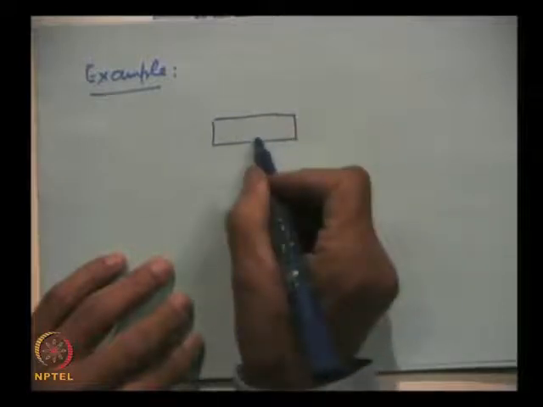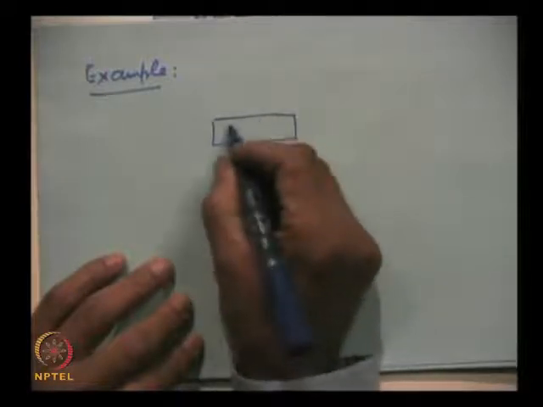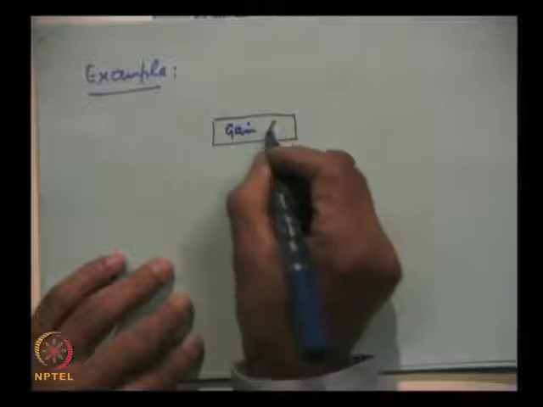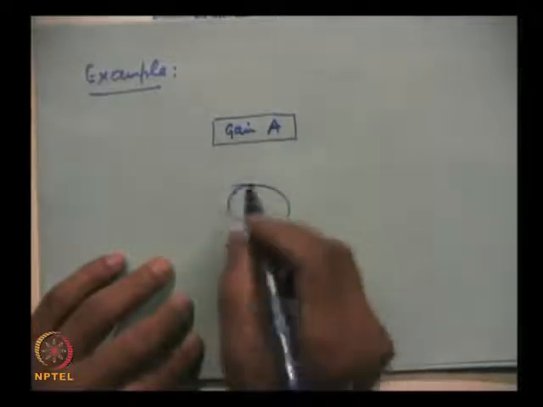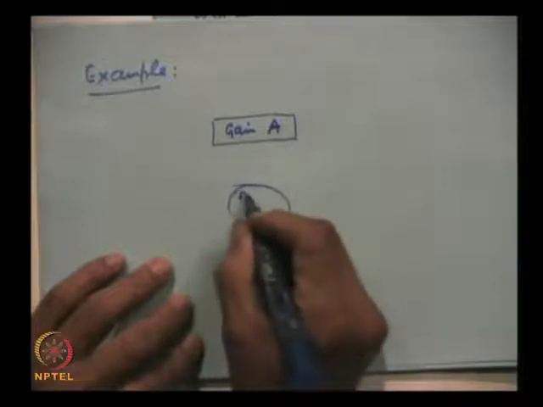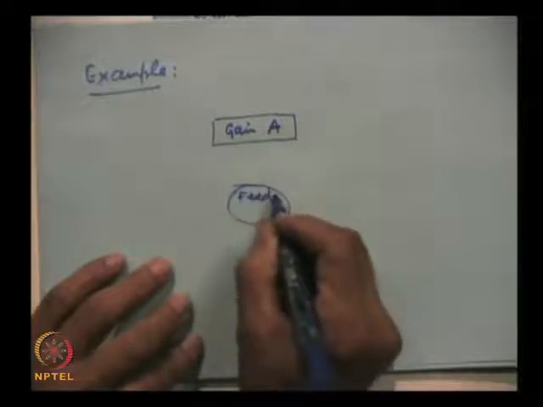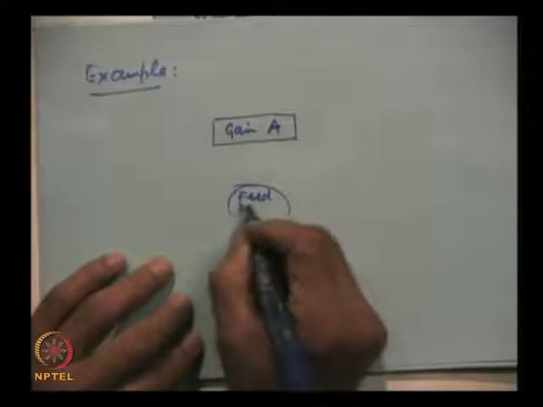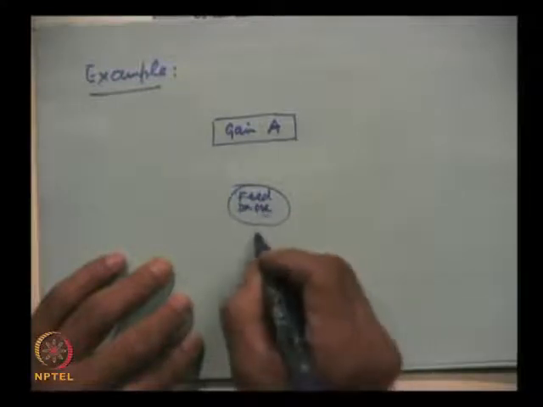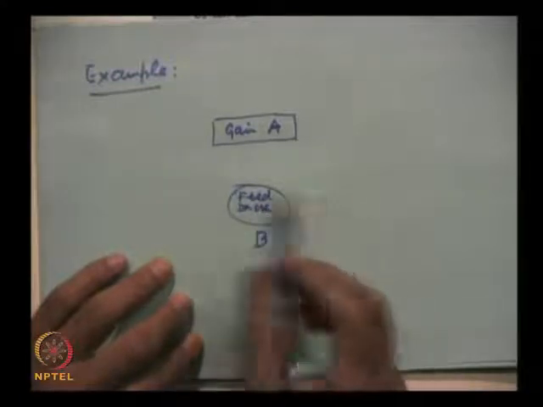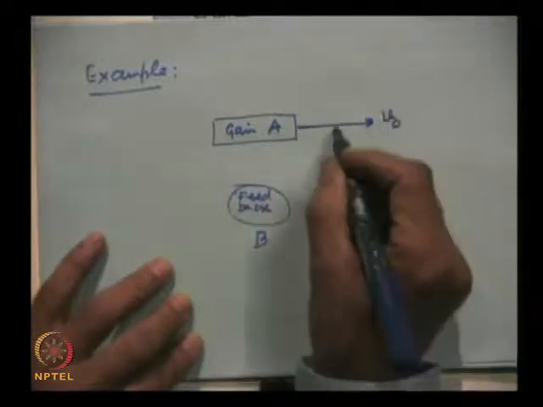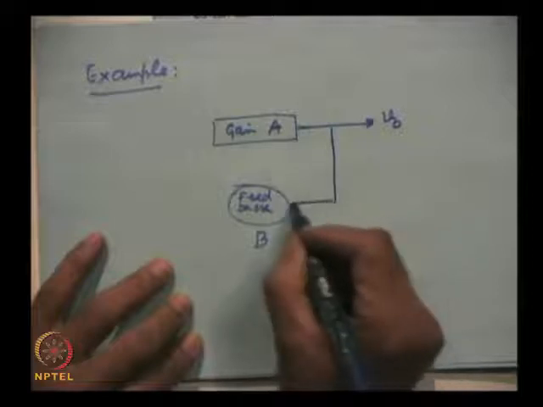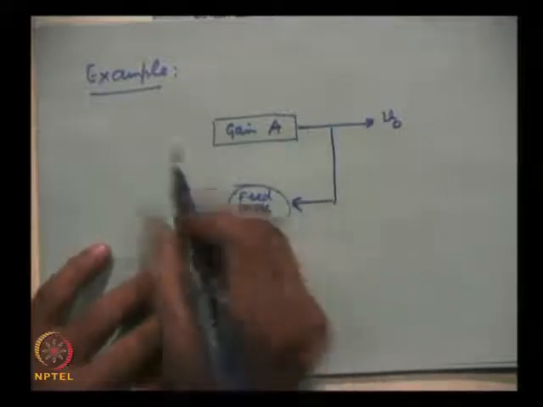Here is the amplifier, and this has an open loop gain A, and here this is the feedback network, which has a gain B. This is V0, this is fed here, and this comes out here.